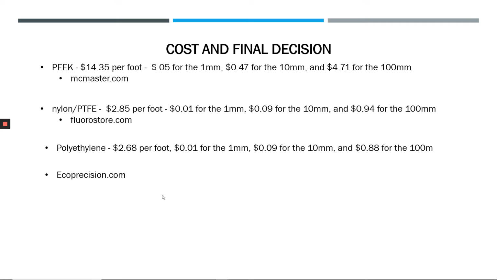This is nice simply because McMaster-Carr and Fluorostore are more like industrial hardware stores, where it's not exactly where you're going to want to find an artificial blood vessel, simply because you'd probably have to do a lot of work to get it sterilized and human body friendly.